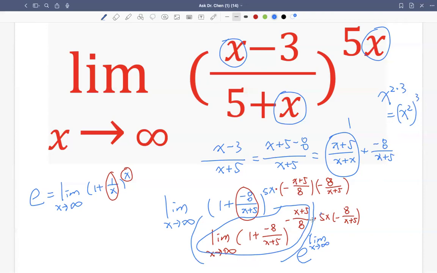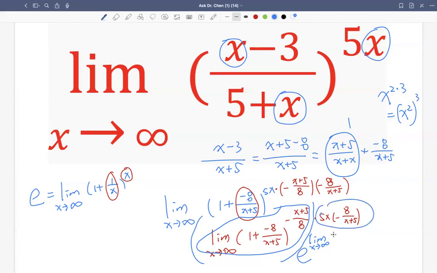So this part gives us an Euler number, and then we can split this multiplication of the exponents into two parts. This part becomes the Euler number e. Then we still have raised to 5x times negative 8 divided by x plus 5. So we just have this Euler number, then we have to take a limit of this.